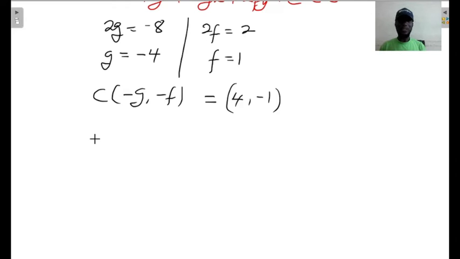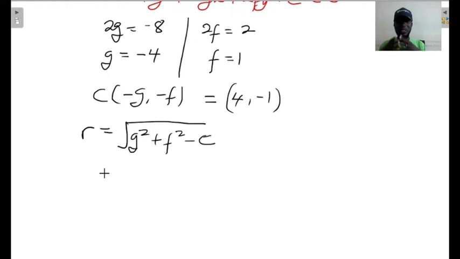From how we obtain the general equation of a circle, we discovered that r, the radius of the circle, will be equal to the square root of g squared plus f squared minus c. I encourage anyone having a challenge with this to go back and watch my video on the general equation of a circle.